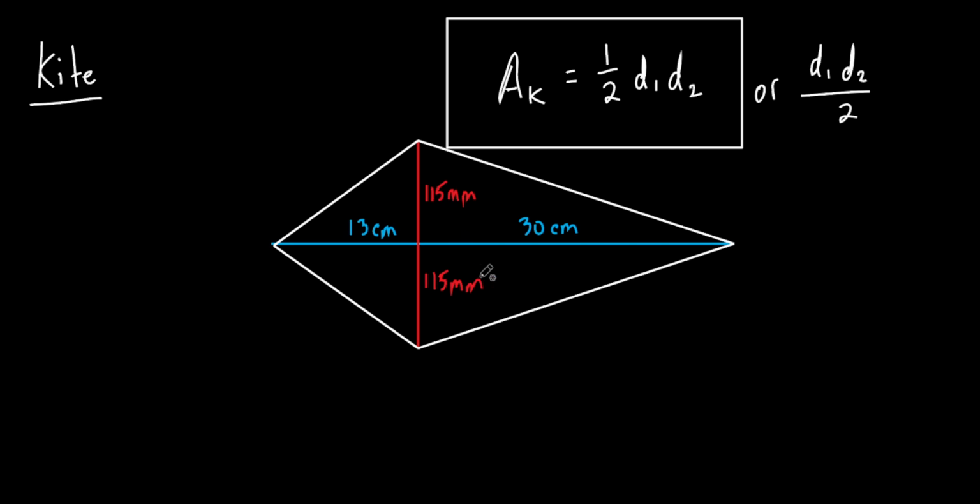So watch this. I could change this into, let's write this in white. That's what I'm going to do. Exactly right. I do have to convert it. So I've got 115 millimeters. I want to change that to centimeters. It's a power of 10.